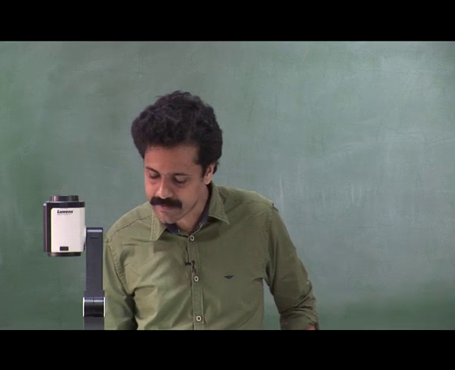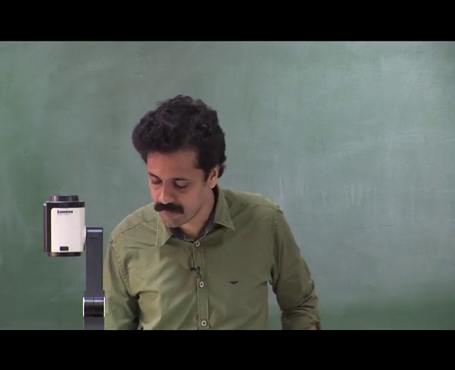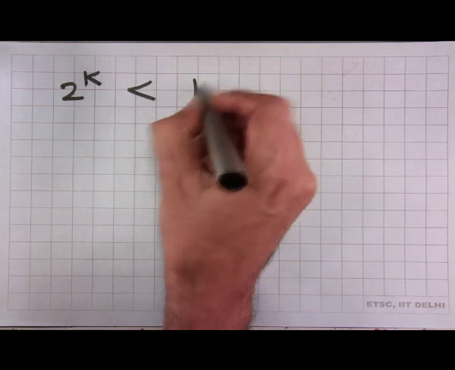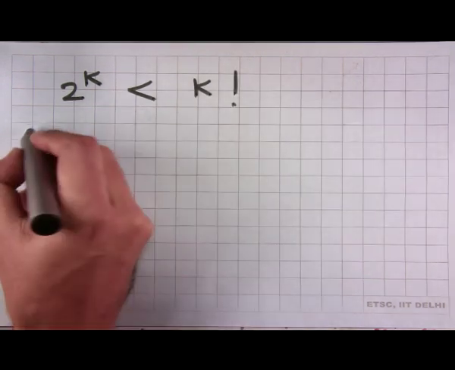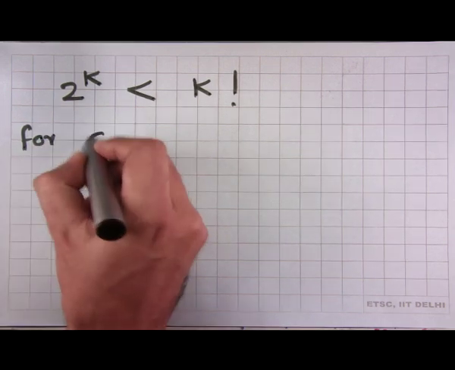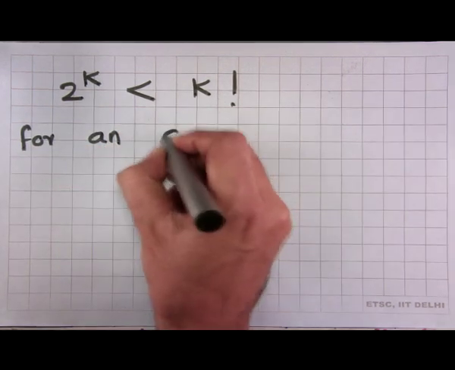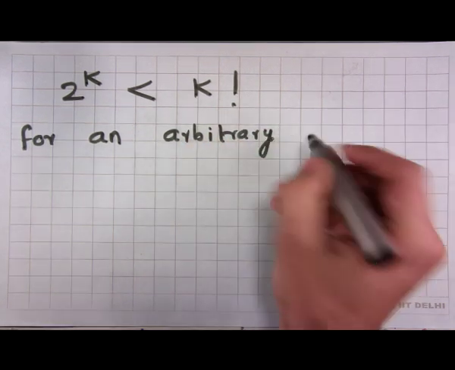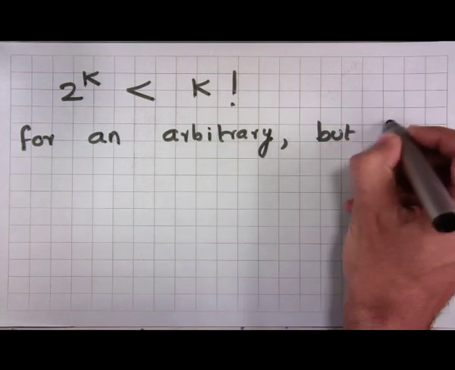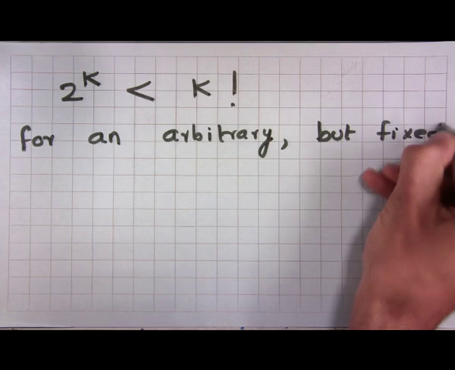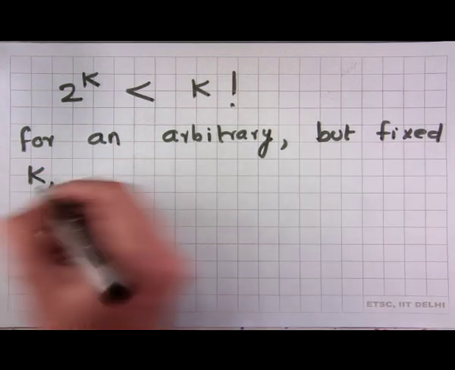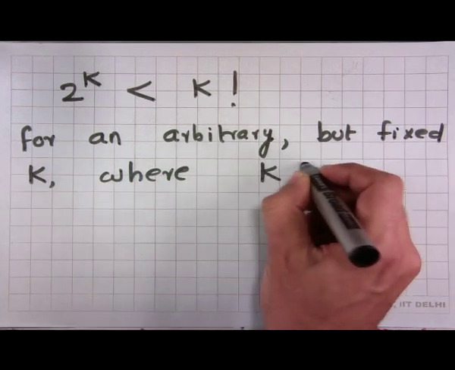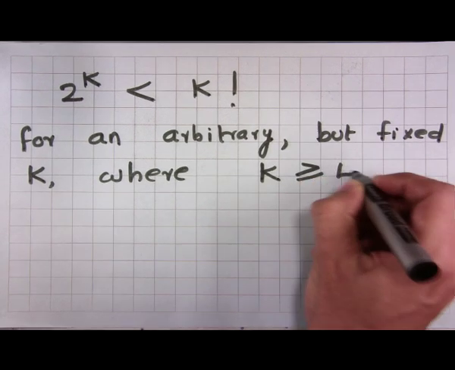Keep in mind that the induction hypothesis we have is 2 power k less than k factorial for an arbitrary but fixed k, where k is a positive integer greater than or equal to 4.